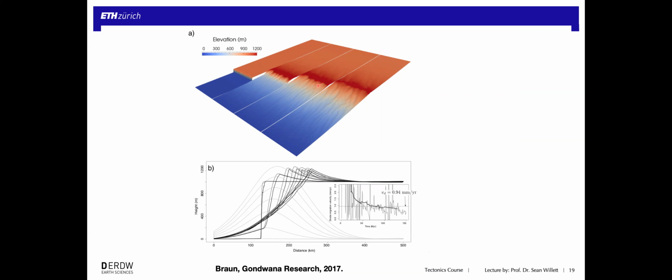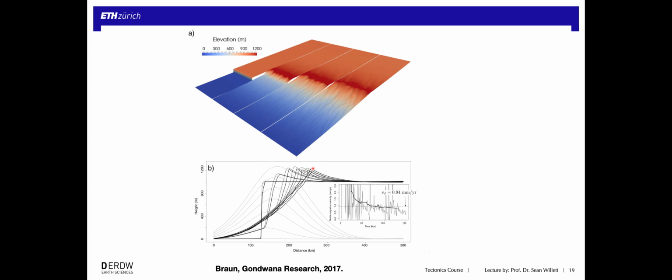Now, what's interesting for us is this problem, looking at this in profile. This square corner here is the initial topography. And with time, it goes to something like this, and then this, and then this, and so on. So this is the water divide, and it's migrating now from left to right.